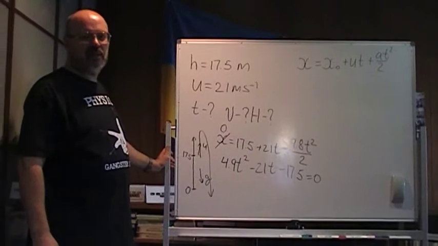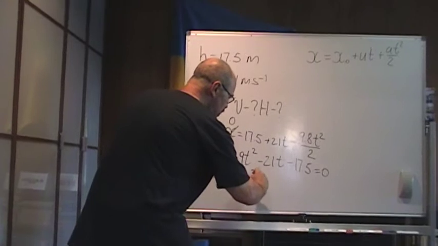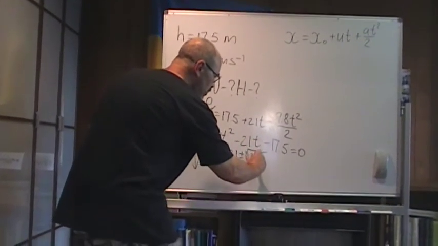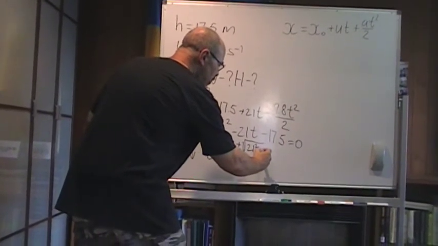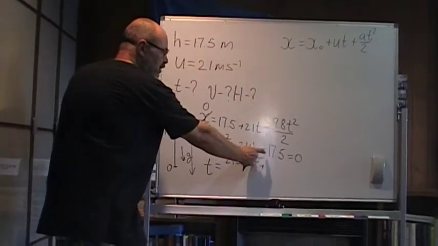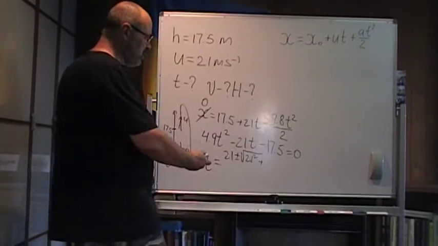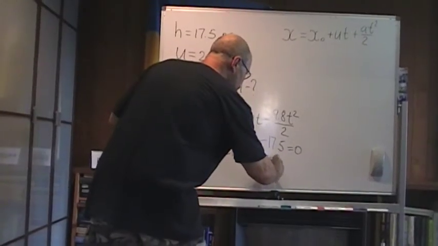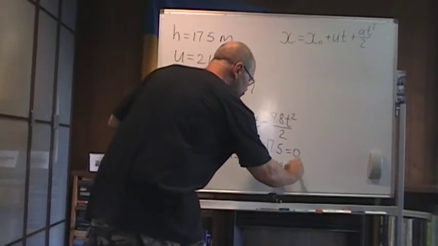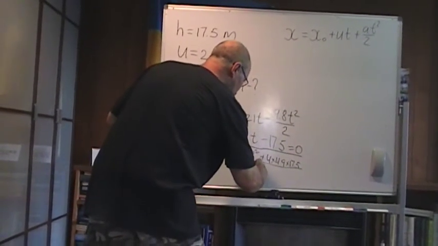Let's apply the quadratic formula. t equals 21 plus or minus the square root of 21 squared plus, because in the quadratic formula it's minus, but we have this minus, so it becomes plus, 21 squared plus 4 times 4.9 times 17.5, divided by 2 times 4.9.